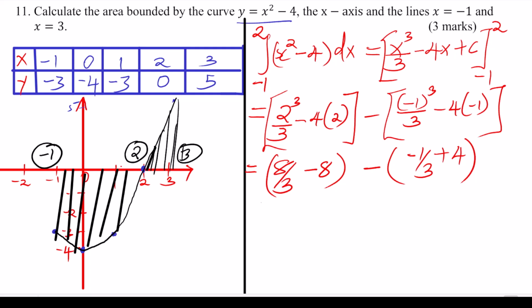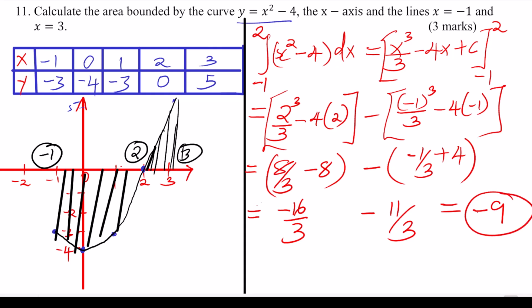So 8 divided by 3, subtract 8, this will give -16 divided by 3, then -1/3 plus 4 will give +11/3. So work out these: -16 divided by 3, subtract 11 divided by 3, that will give -9.